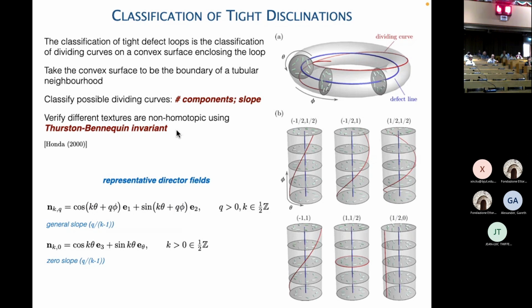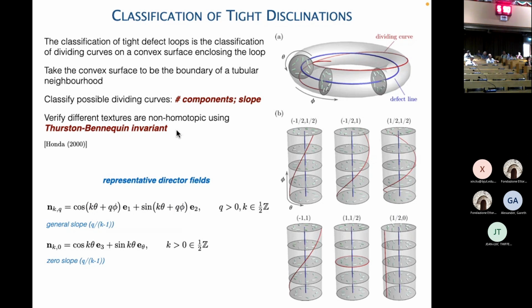And the result here is that the classification of the different red lines, the different patterns of red lines that I can possibly draw, was made a little over 20 years ago by Honda. It's classified into how many components, so how many separate parts to the curve there are, and then also what the slope is.